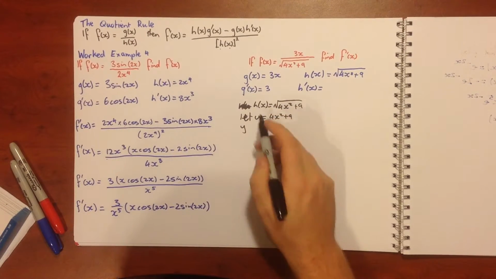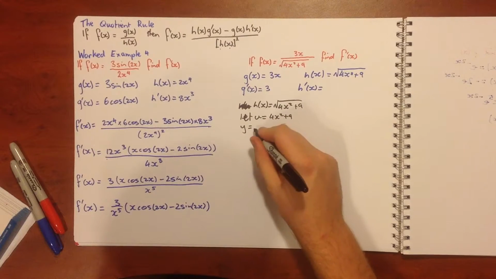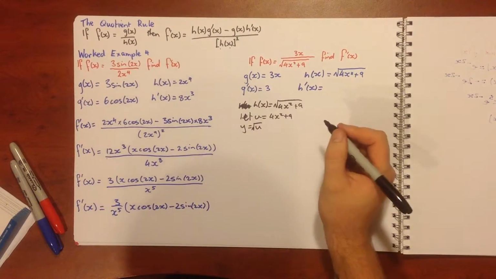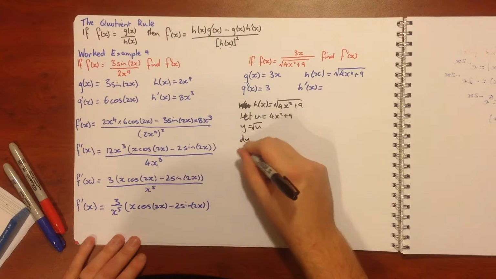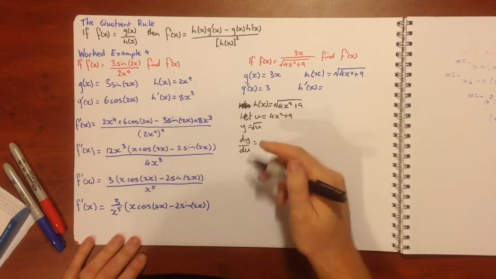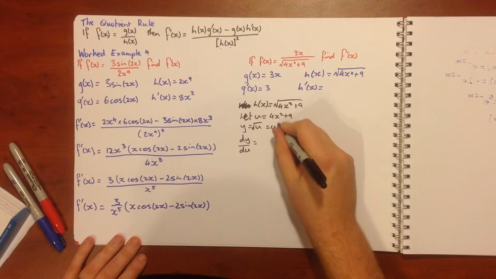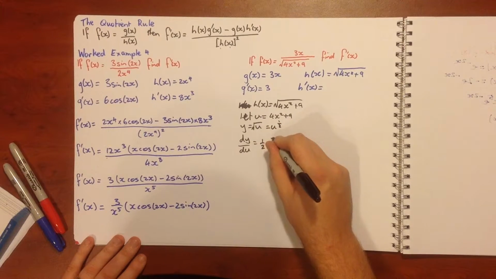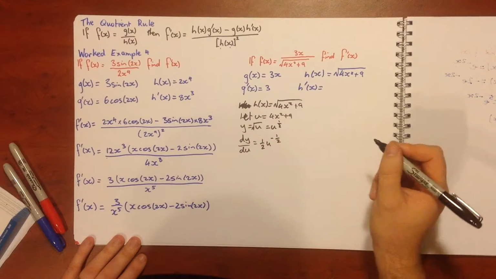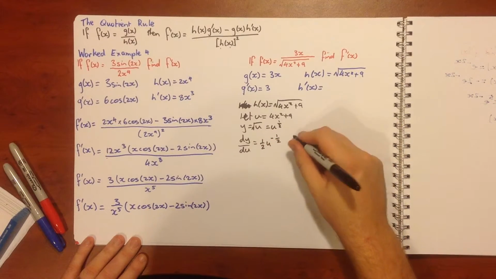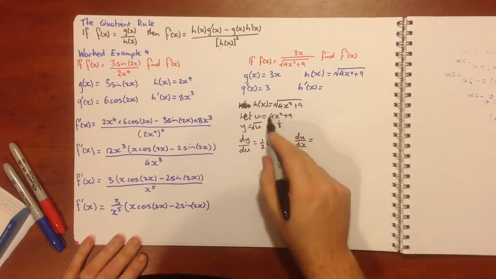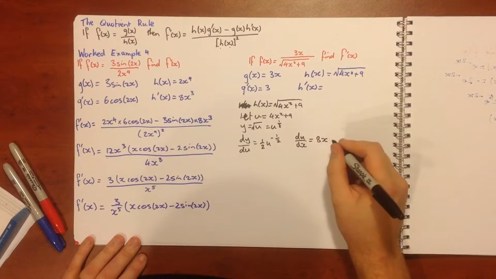We could replace our h of x with y and say y equals the square root of u. So dy du, remember, we can think of this as u to the half, so it's a half u to the minus a half. And du dx, the derivative of this part, is 8x.